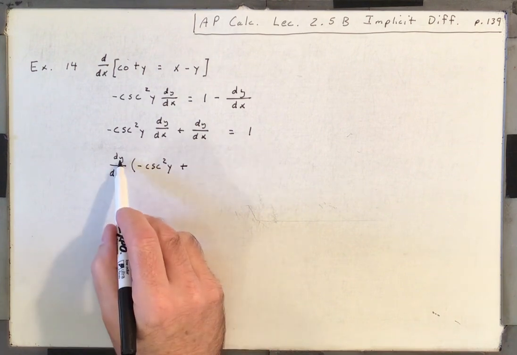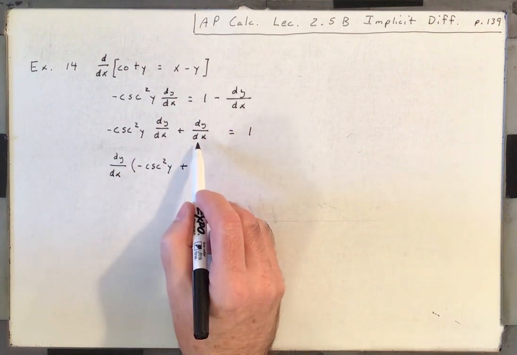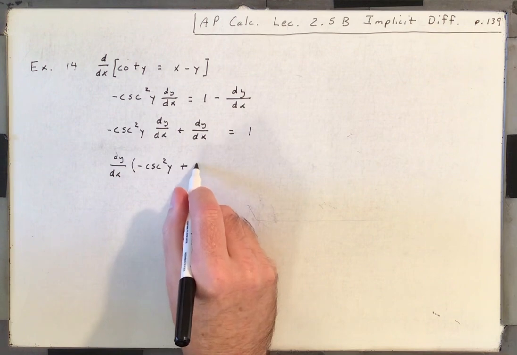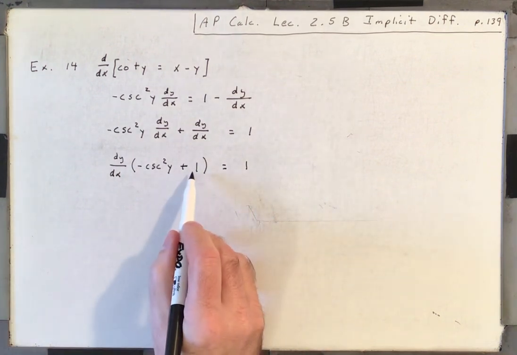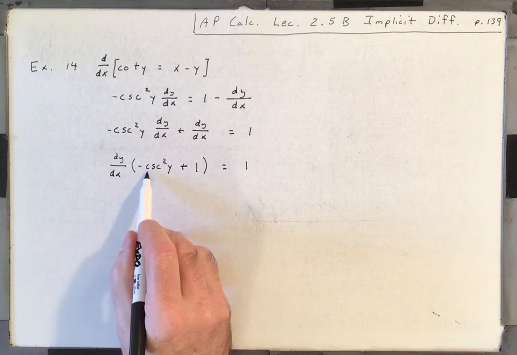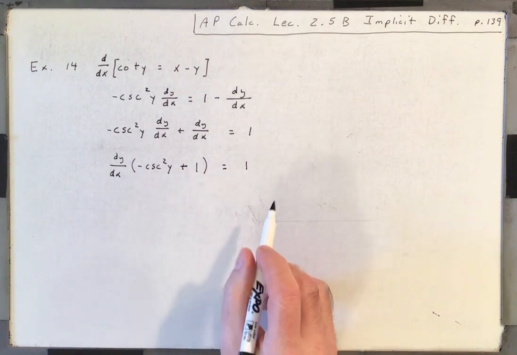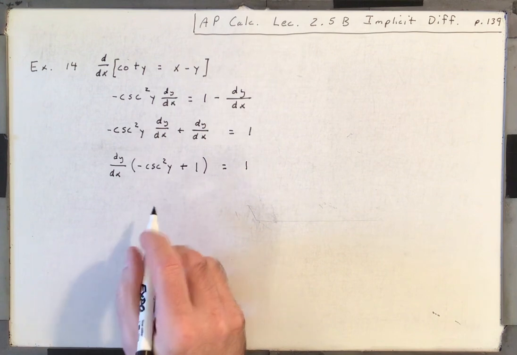When you factor a dy dx out of a dy dx, it doesn't just go away. It's 1. Now the book will write this as 1 minus cosecant squared y, but I didn't want to do that right away.